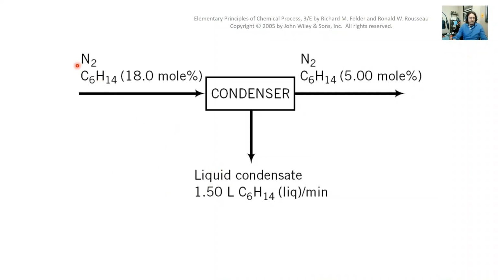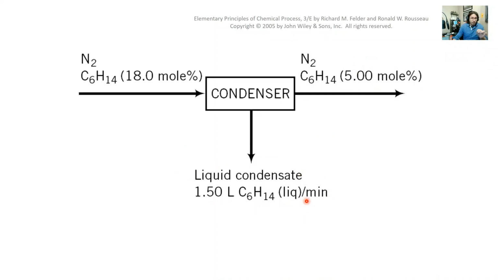This input stream is 18% by mole hexane. How much percent by mole nitrogen is it? Well, 100 minus 18, and how much is that? 82%, if I can do math. So it's 82% nitrogen. This exit stream is 5% by mole hexane, so that means 95% of this is nitrogen. And we have this in a different flow rate.